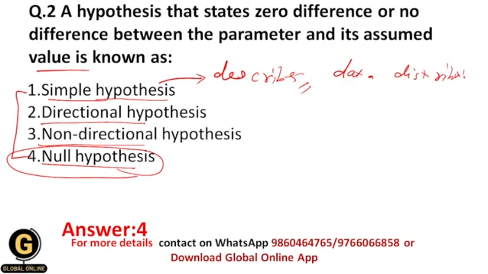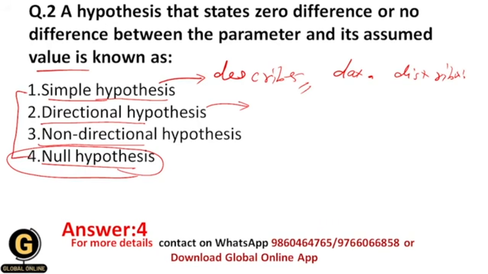Then next is directional hypothesis. As the name suggests, directional hypothesis predicts both the direction of the results of the hypothesis, and it also predicts the relationship between the variables.